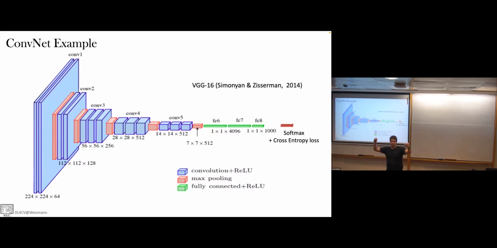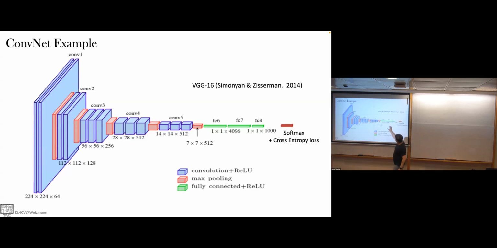I want a bigger vector to describe more complicated things, but I want it to be spatially narrower, because I want to say this is an image of a dog. So the further I go, resolution decreases, but the number of channels increases.